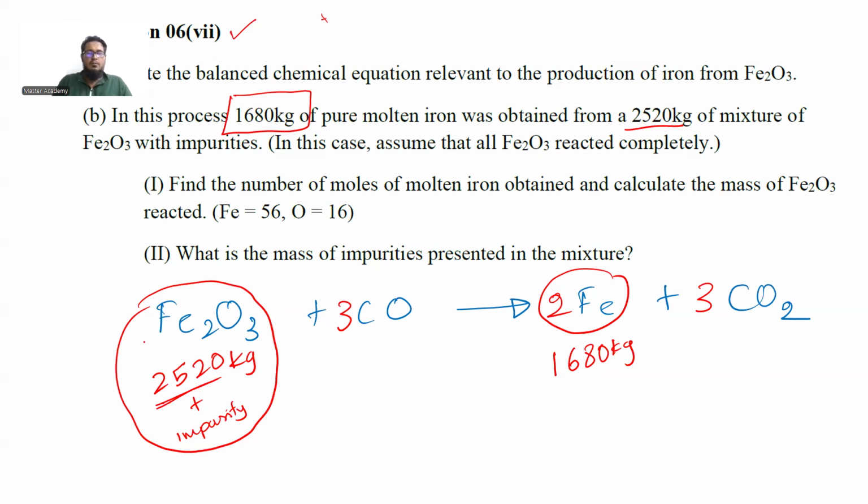You can't divide it by the molar mass of Fe2O3 and get the number of moles of Fe2O3, because this 2520 kilograms is a little bit of impurity and a large amount of Fe2O3. We don't know how much. In this case, assume that all the Fe2O3 reacted completely. Find the number of moles of iron obtained and calculate the mass of Fe2O3 reacted. What is the mass of impurities present in the mixture?